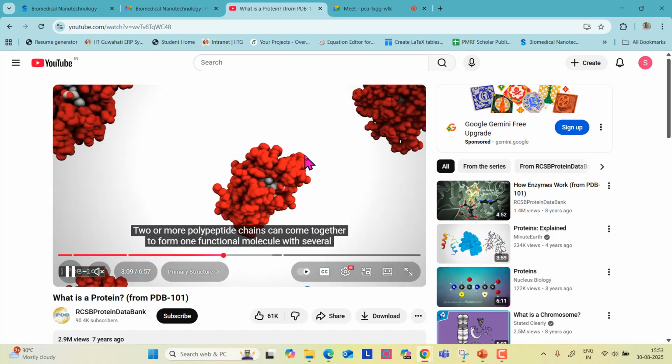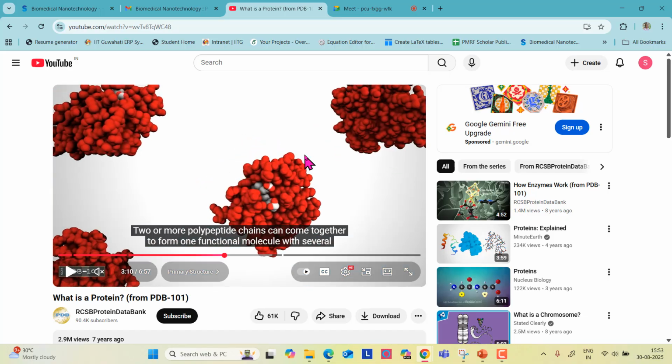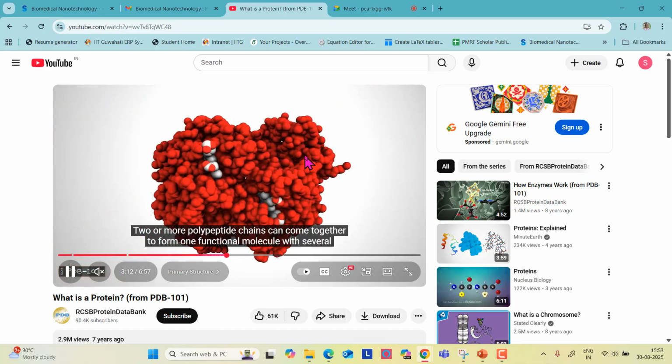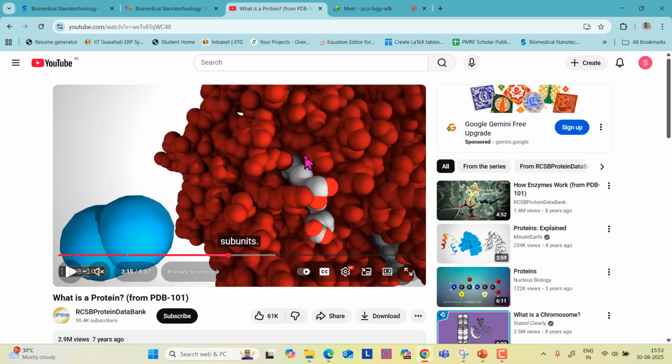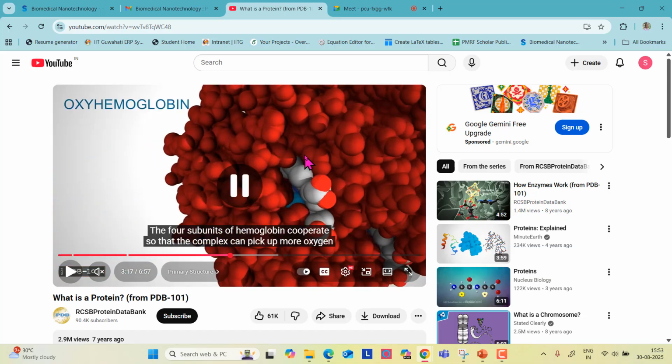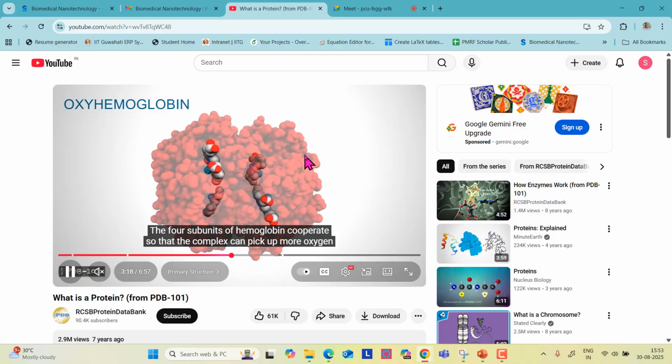Next comes the quaternary structure. Two or more polypeptide chains can come together to form one functional molecule with several subunits. So the four subunits of hemoglobin cooperate so that the complex can pick up more oxygen.